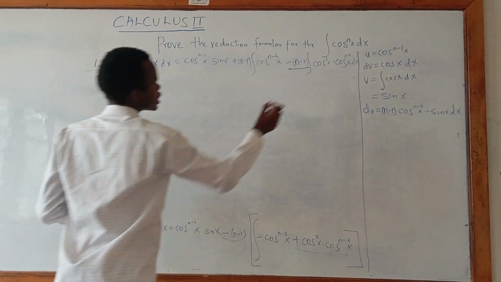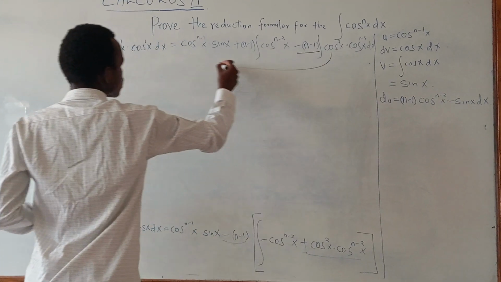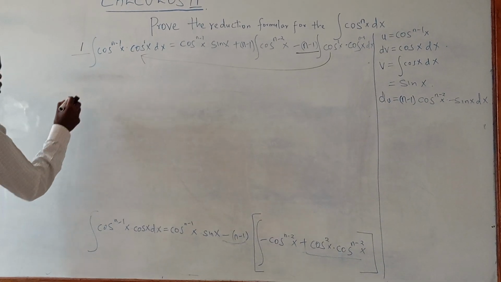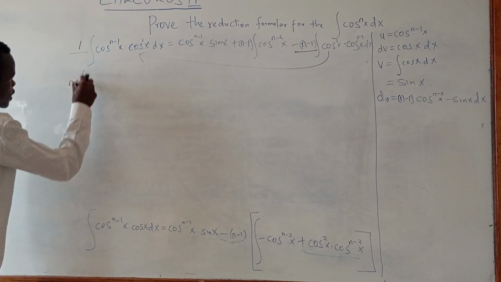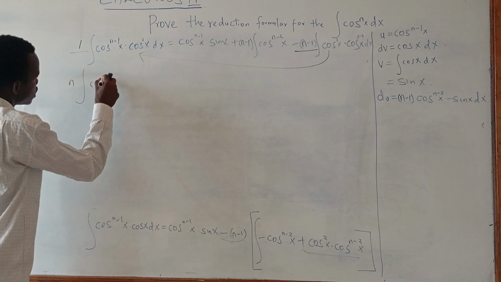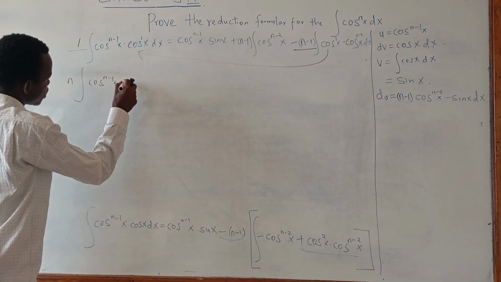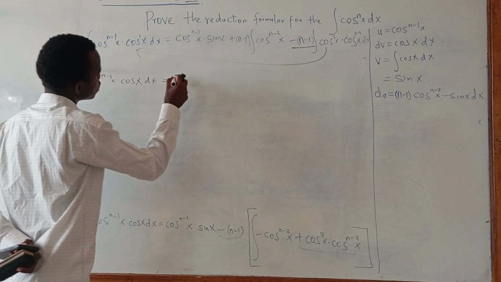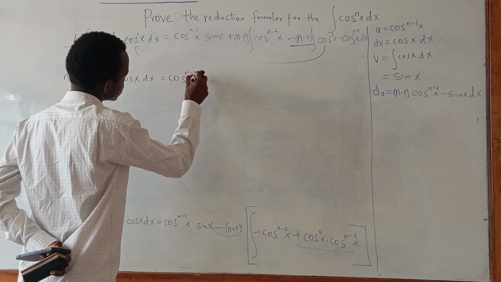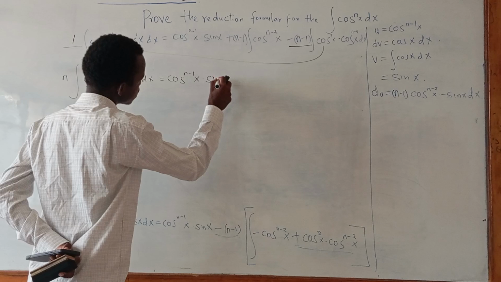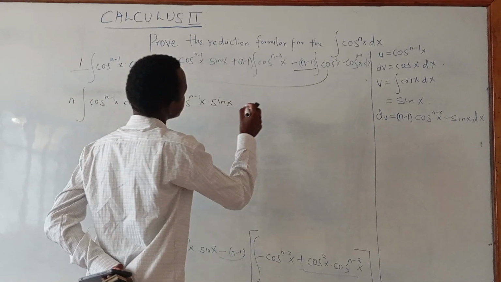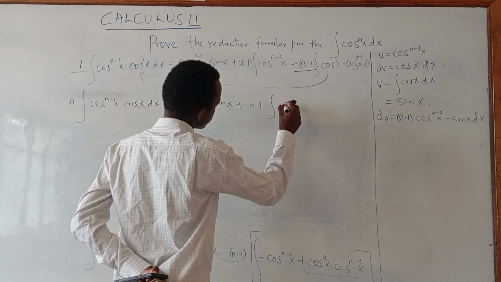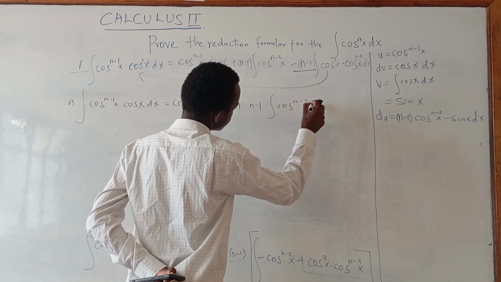So we'll get the coefficient n, the integral of cos to the n minus 1 of x multiplied by cos of x dx equals cos n minus 1 of x multiplied by sine of x plus n minus 1, the integral of cos to the n minus 2 of x.